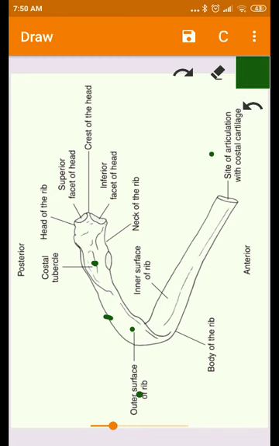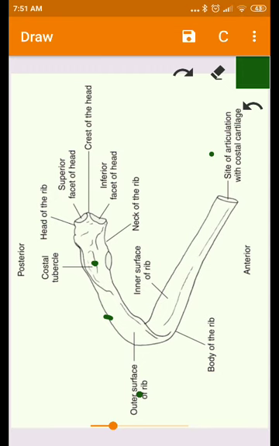Then it is bent at an angle which is situated about 5 centimeters lateral to the tubercle. It is also twisted at the angle.